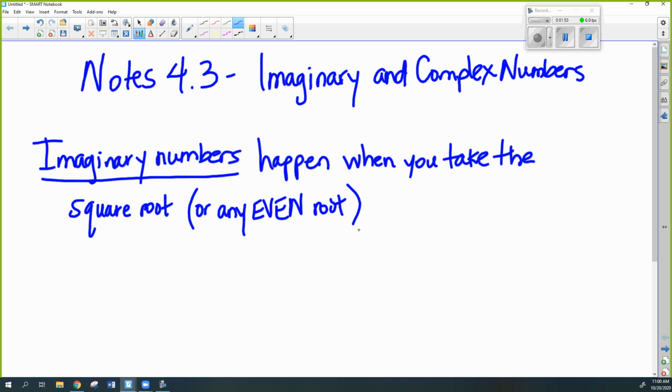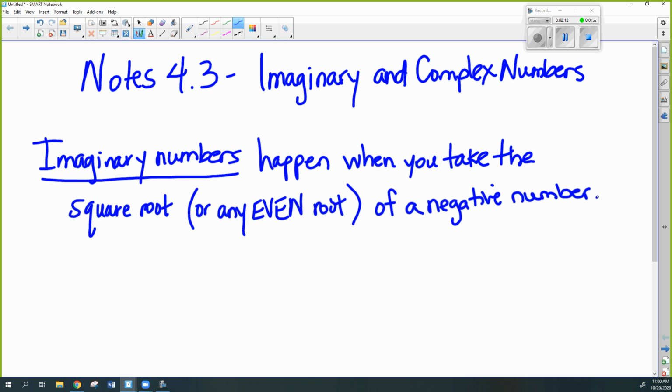That means square root, fourth root, sixth root. So they happen when you take the square root or any even root of a negative number.